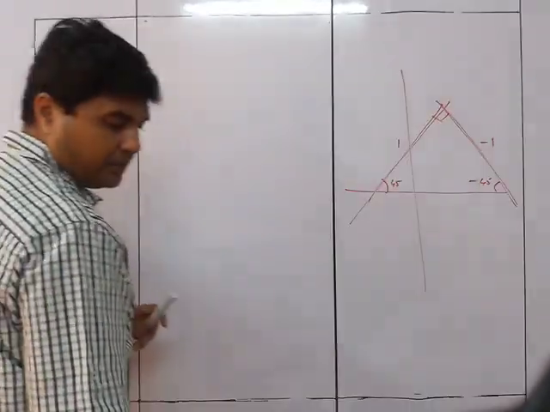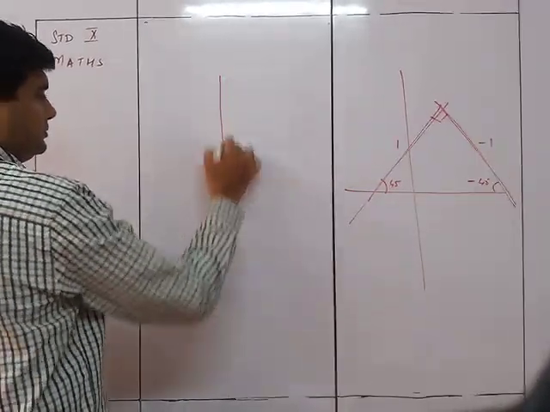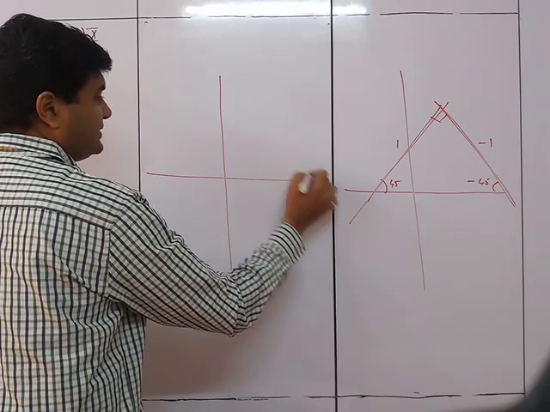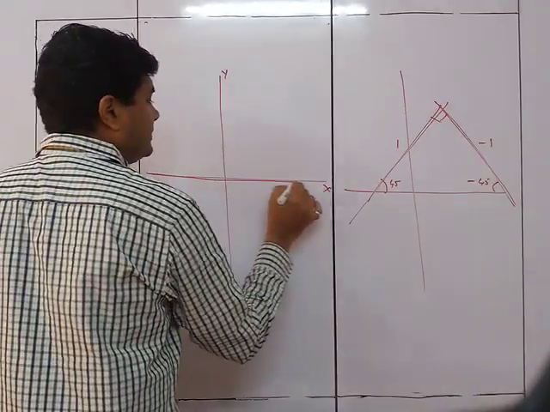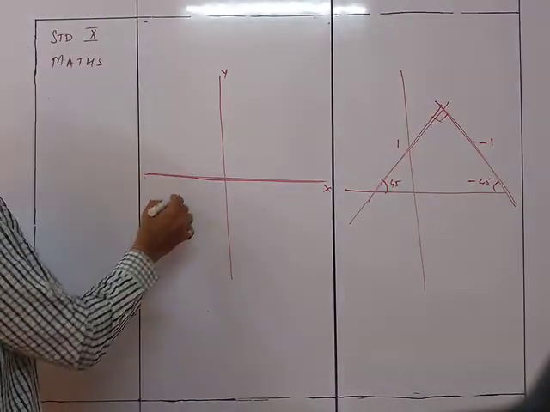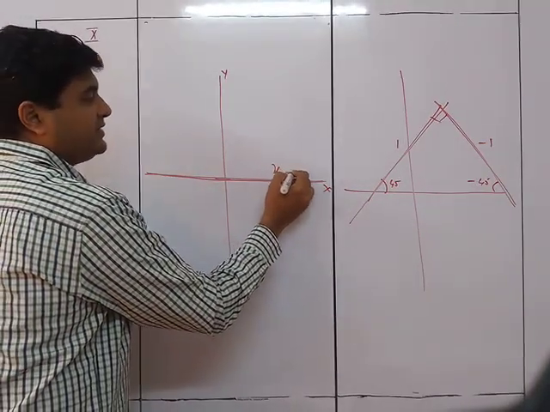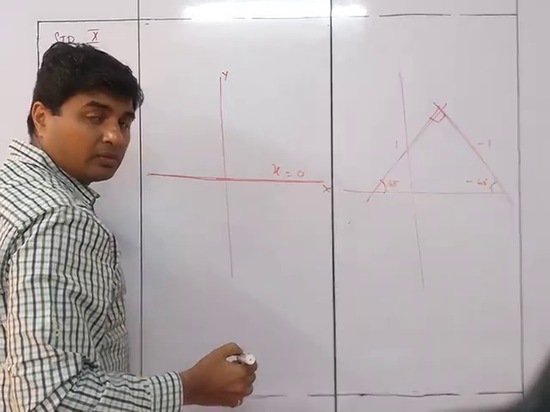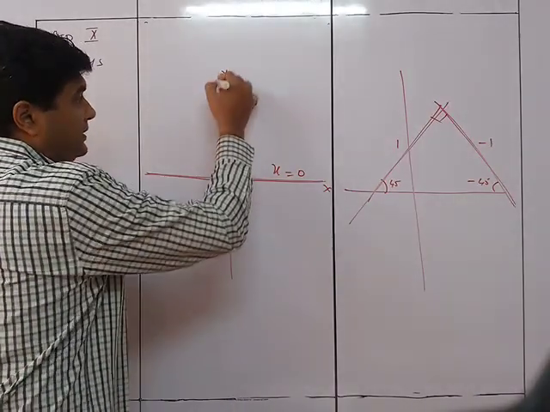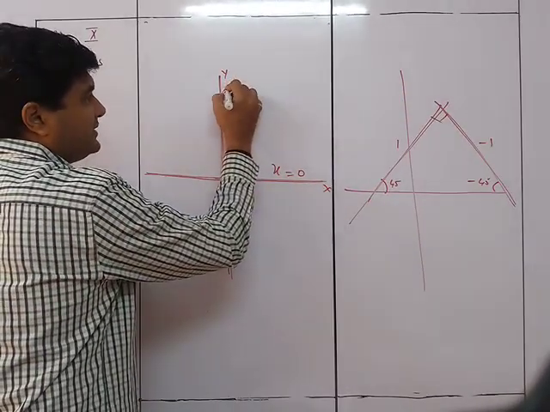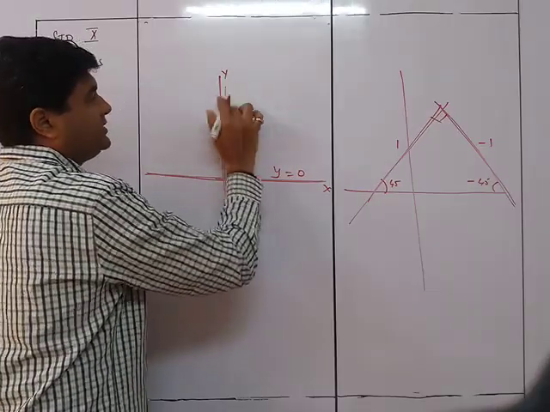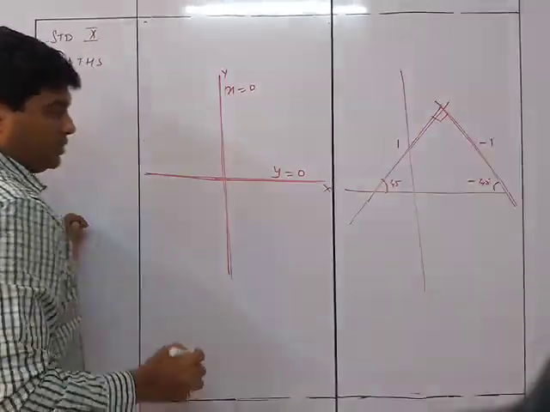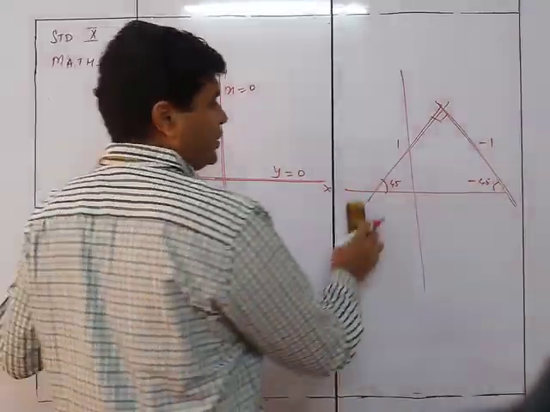So if I take this as the x-axis and this as the y-axis, what is the equation of this particular line? This is y is equal to 0, and this line is x is equal to 0.